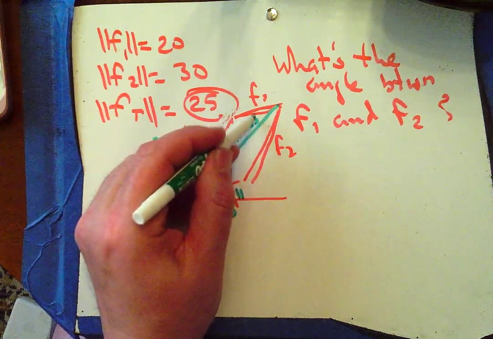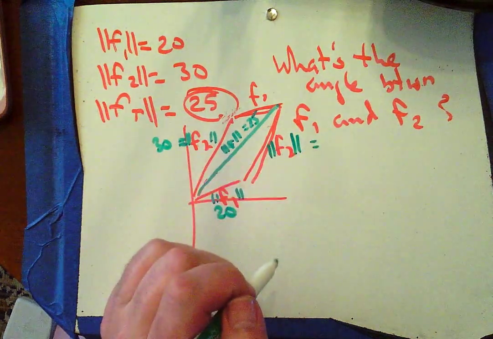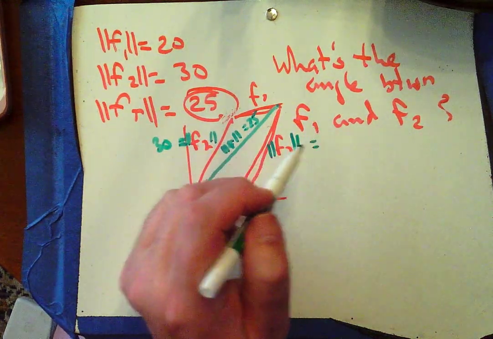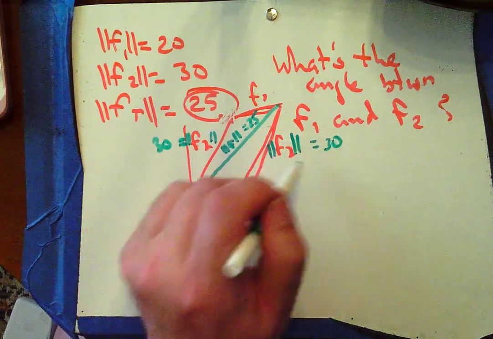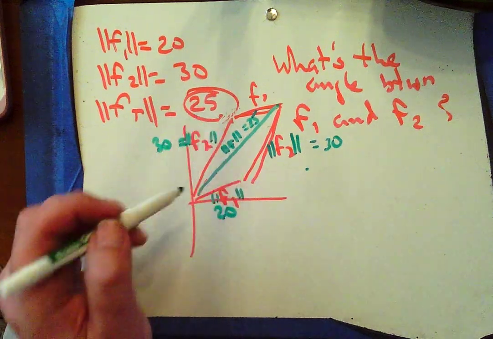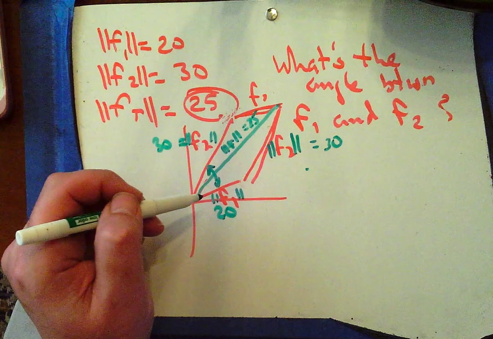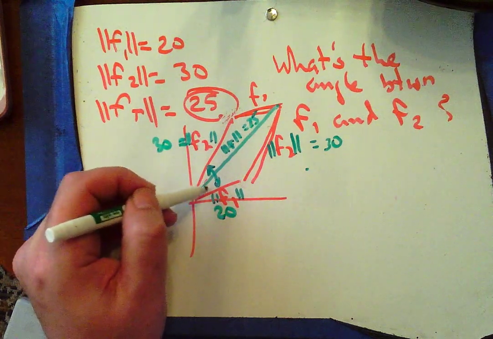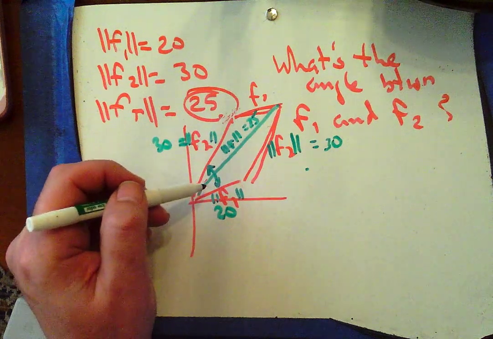is 25. Well, the cool thing about knowing the law of cosines is we can use side, side, side to help us find an angle. Now, ideally, I'm looking for the angle in between force 1 and force 2, but that's split into two separate pieces, and I don't even know that they're congruent pieces.